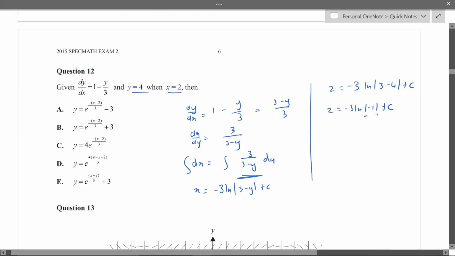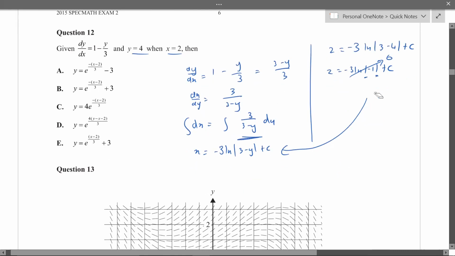Since this is a mod, you can equate this whole thing to 0. But if it were a bracket, then you'd have to leave it in, because technically it's undefined, but it might become defined when you sub c into the whole thing. But since it's a mod in this case, you can just cancel it and make it 0.